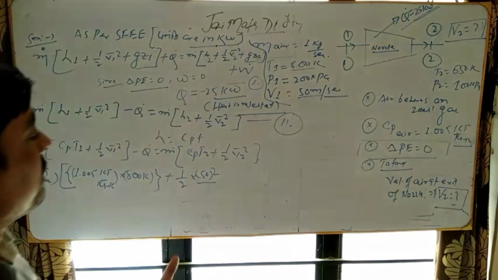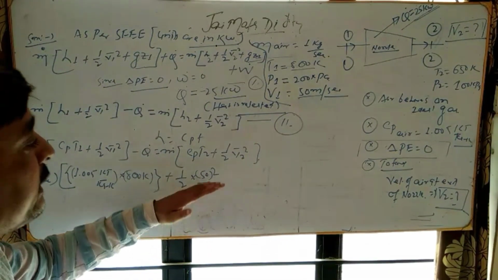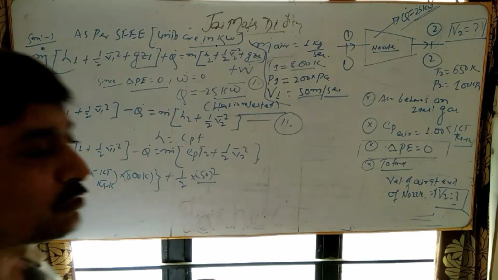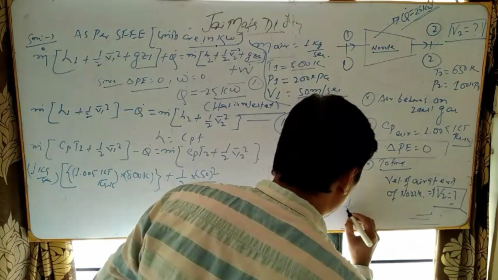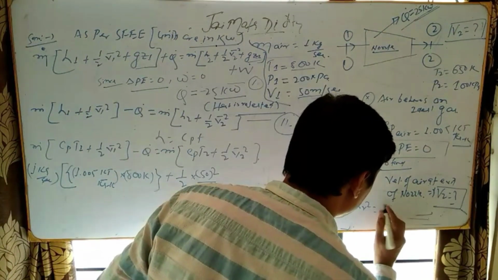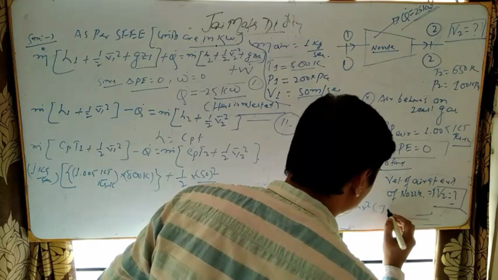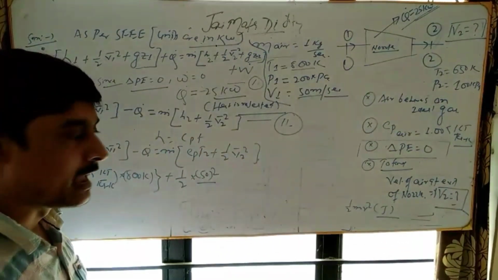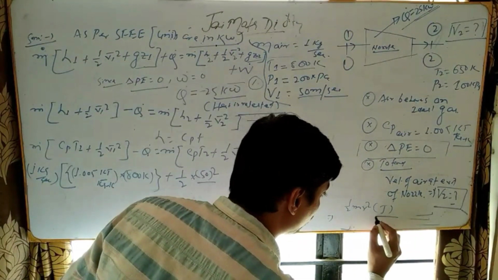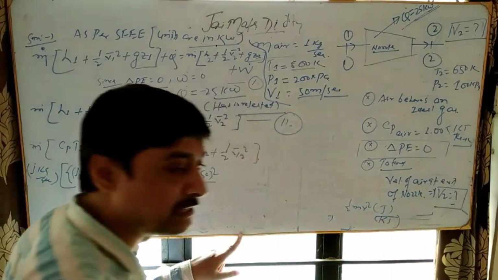We have to write this unit in kilojoule per kg, because we know the kinetic energy, half v square, has unit in joule. I have to convert this unit into kilojoule.